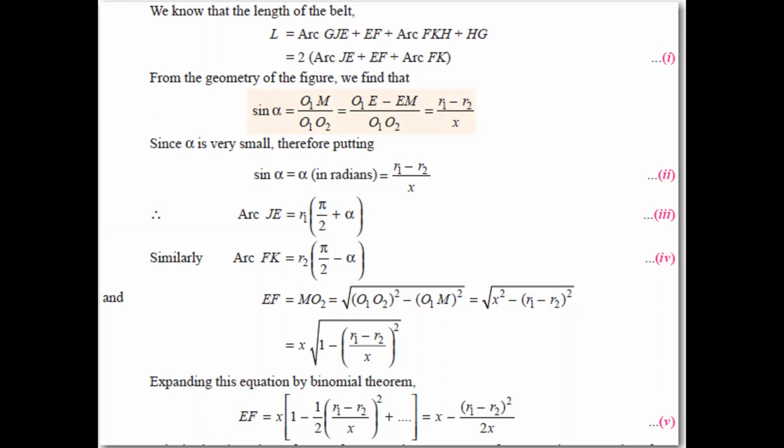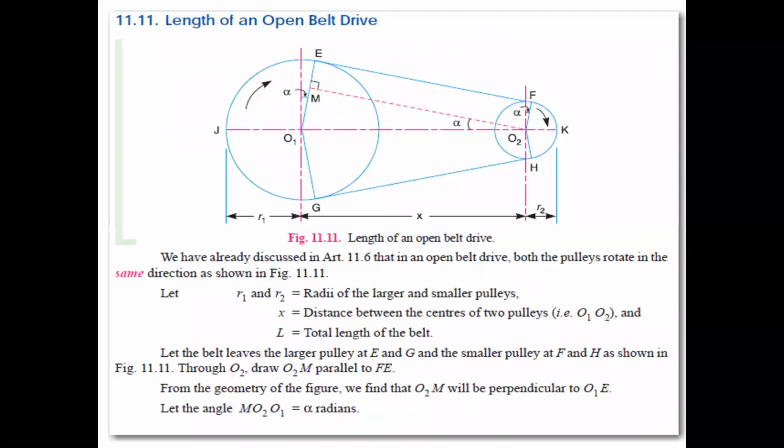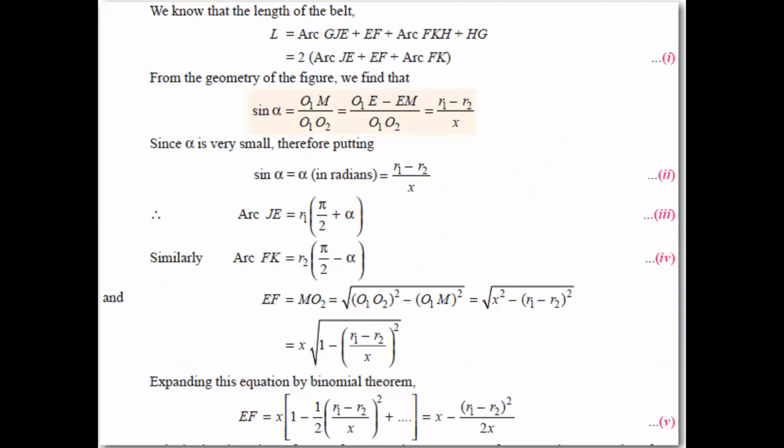Now, how do we find the total length of the belt? L equals arc GJE plus EF plus arc FKH plus HG. That is the total length of the belt. It may also be written as 2 into arc JE plus EF plus arc FK.